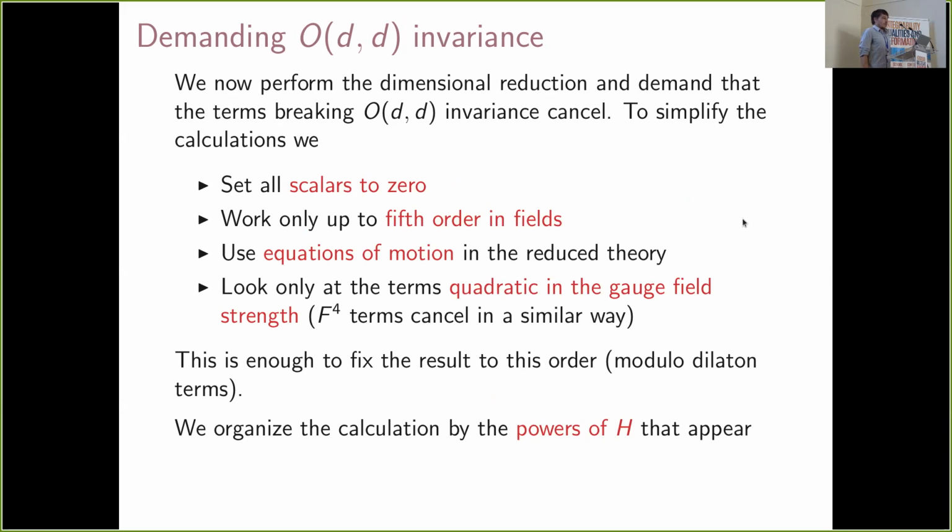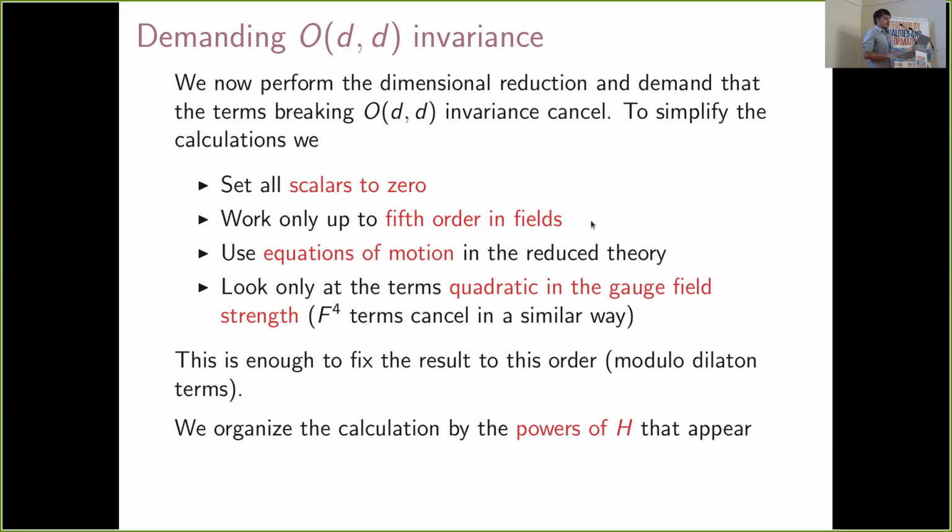And then the idea is the following. So now we perform the dimensional reduction of this ansatz using the expressions that we derived for the dimensionally reduced fields. And then we demand that the non-invariant terms should just cancel out and we should be left with something O(D,D) invariant. But to simplify the calculations further, because this turns out to be quite complicated, as we already did, we set all the scalars to 0, including the dilaton.